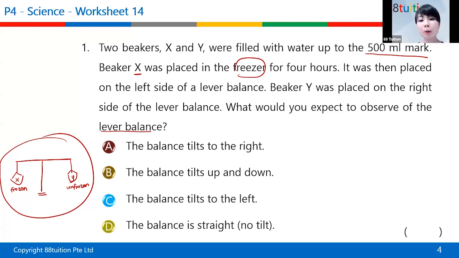Liling, do you hear my question? Yes. So, do you agree with Shaslin that this question is about volume or you think it's about mass? Mass. Brian, what do you think? Mass.